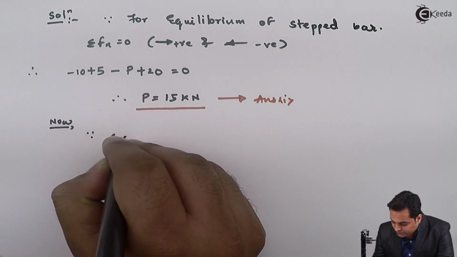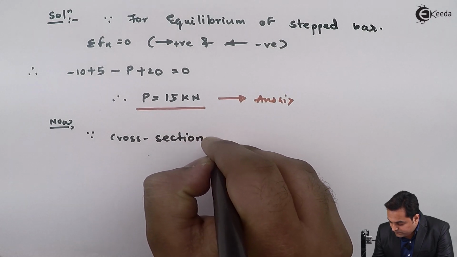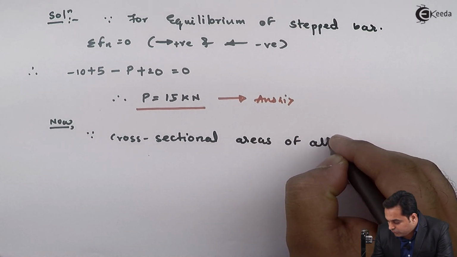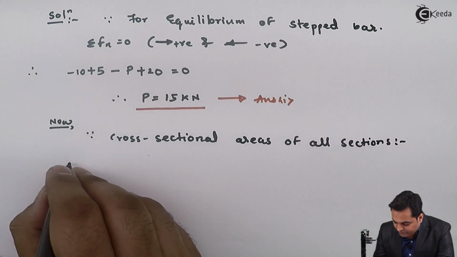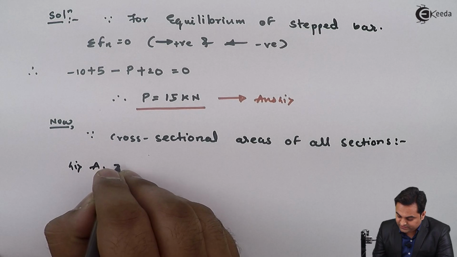Since cross-sectional areas of all sections, the first section area I'll denote as A1.